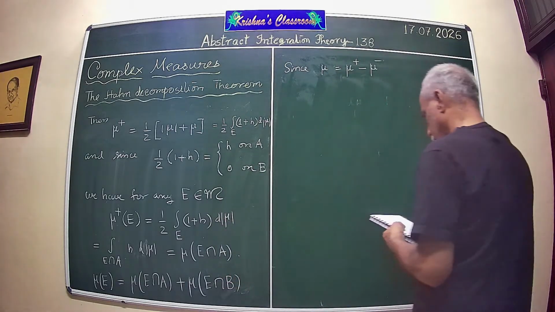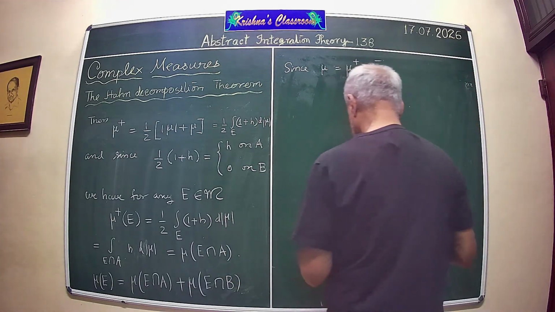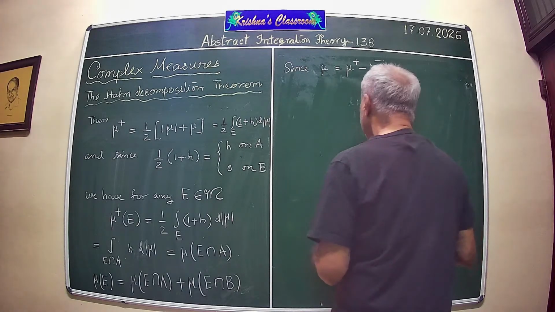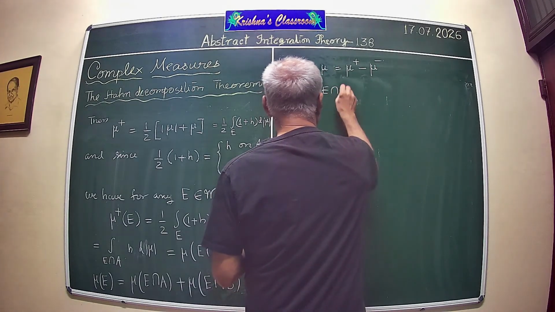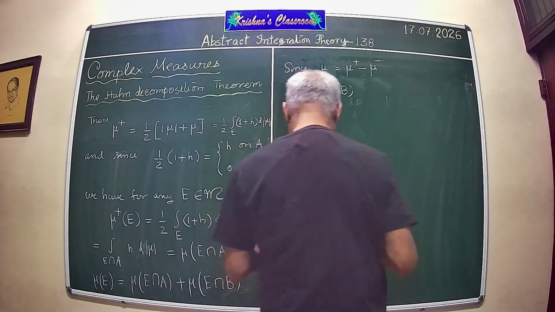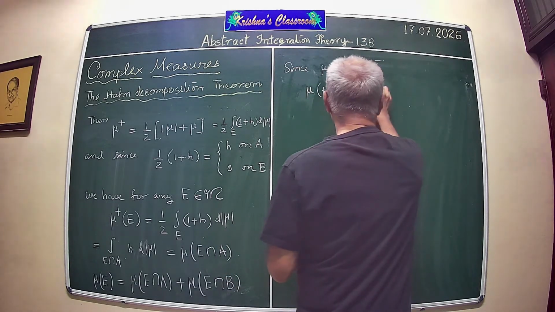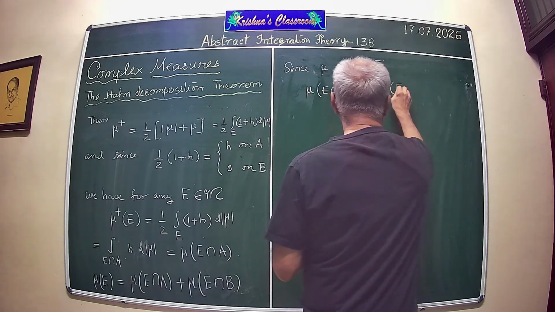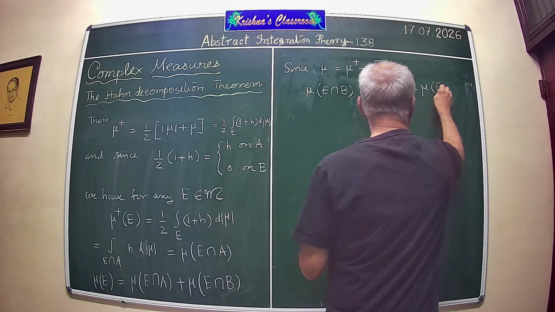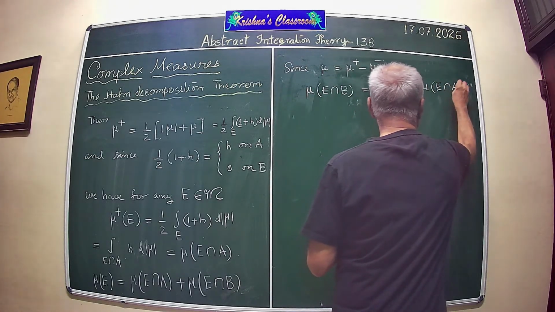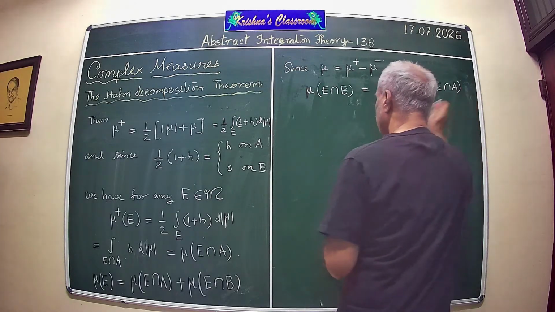Minus mu of E intersection B, equal to this, which comes from star.